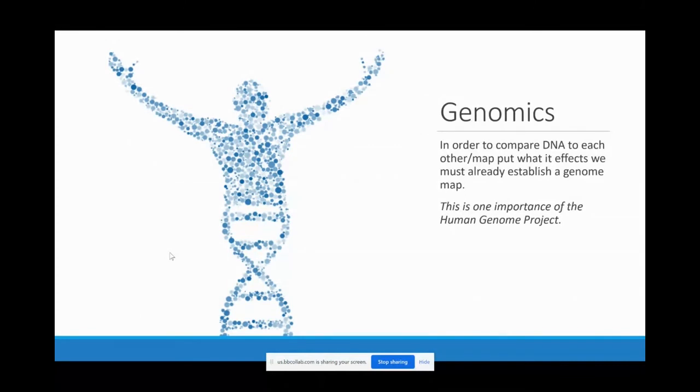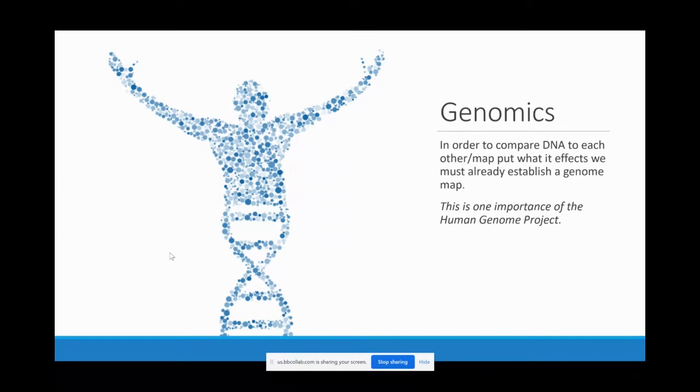So generally, in order to compare DNA in genomics, we have to already have a genome map, right? We have to have an established set of DNA that we know exists to then compare the DNA that we collect from a person or from an animal or from a plant to. So this just highlights one of the importances of the Human Genome Project.